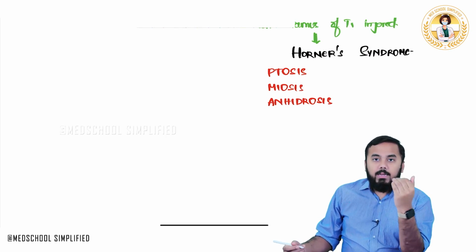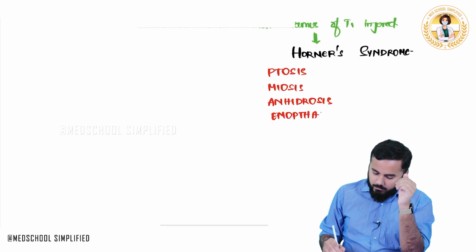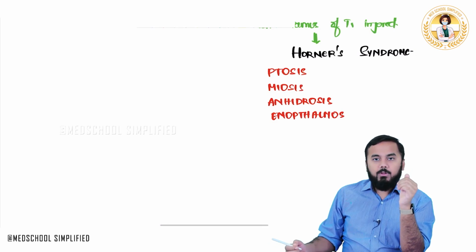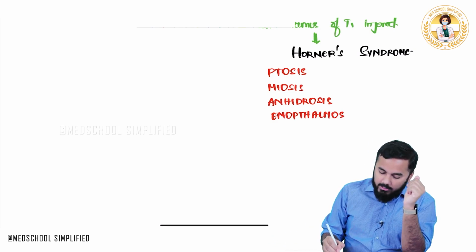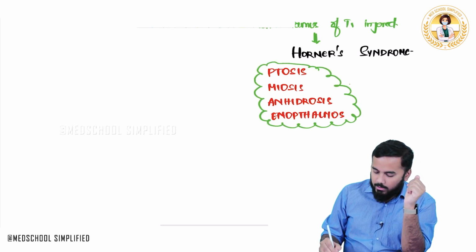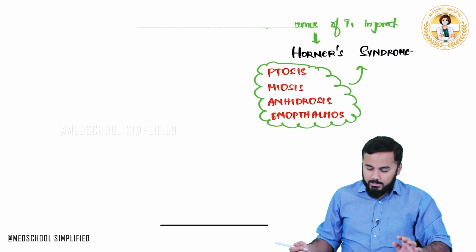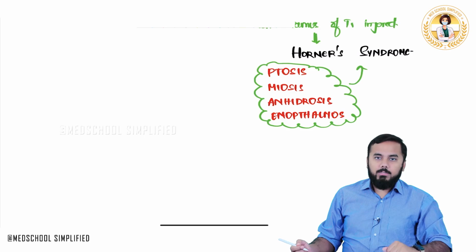Next, the patient will also have anophthalmos. If you find these features, then the patient is said to have Horner's syndrome. Clear?